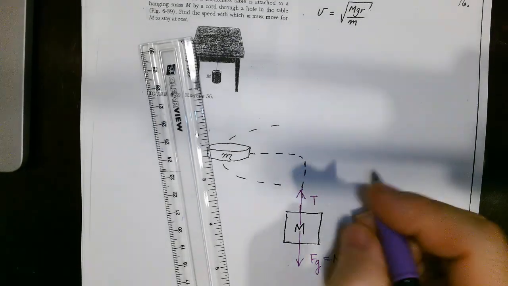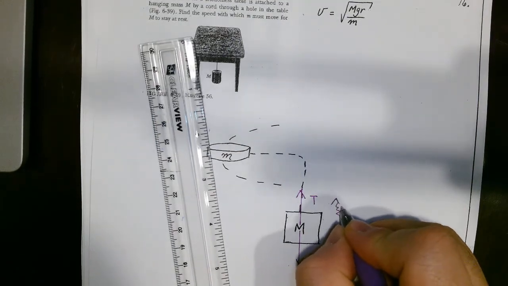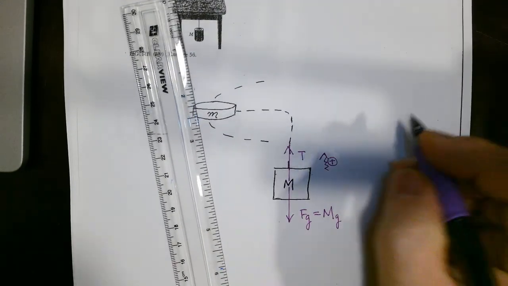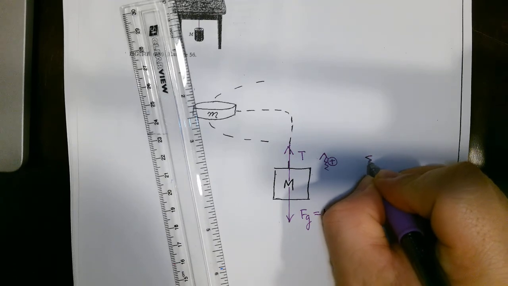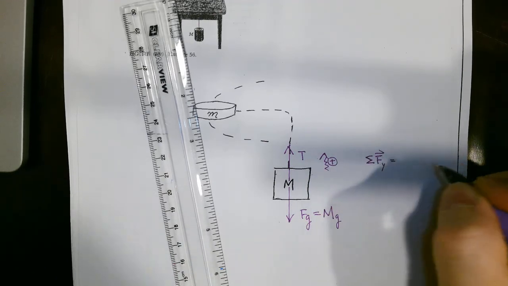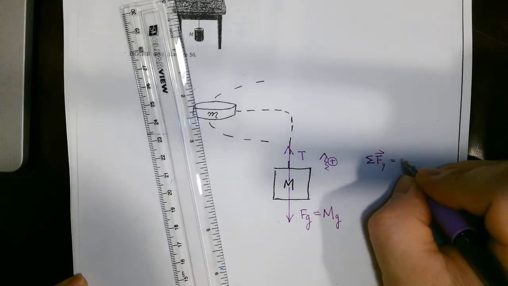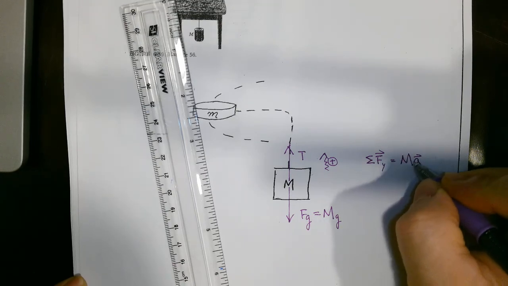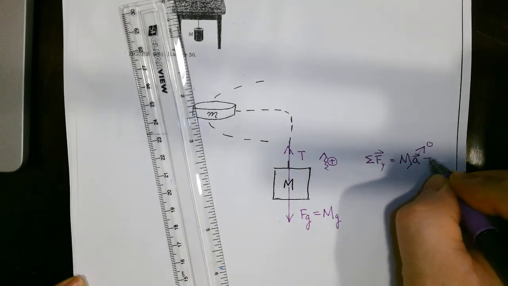Okay, so I'm going to consider up direction positive. Now, of course, this thing is not moving, it's stable. So the sum of all forces in the y direction is equal to ma. But acceleration for that big mass is 0, right?